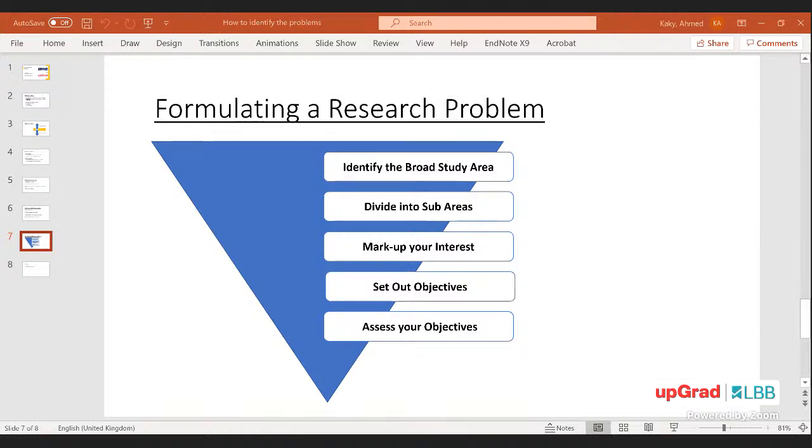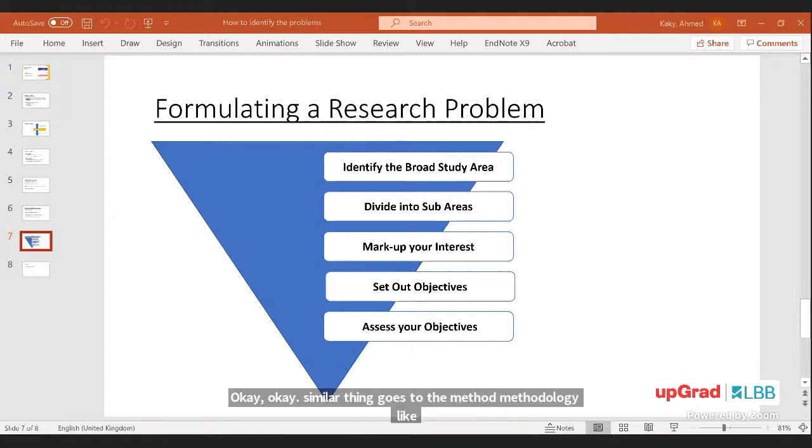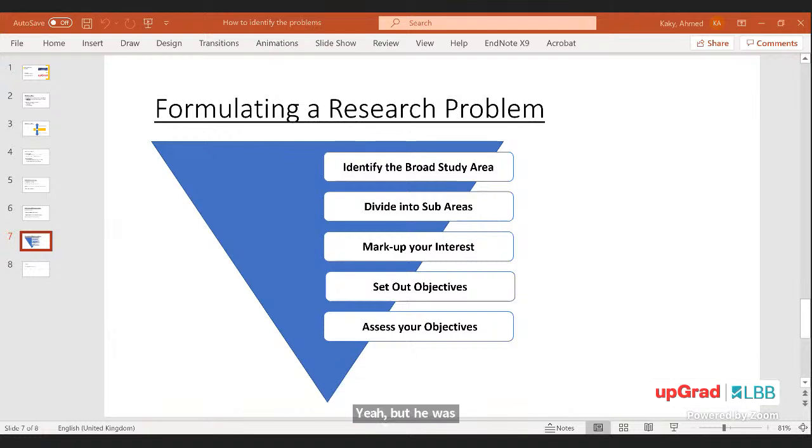Okay. Similar thing goes with the methodology, right? Yeah, but for the data set, you could say that you don't need to use data, but for the methodology, there should be one. Even though you don't know the exact methodology that you will follow, you should give some description of the steps you will go through.